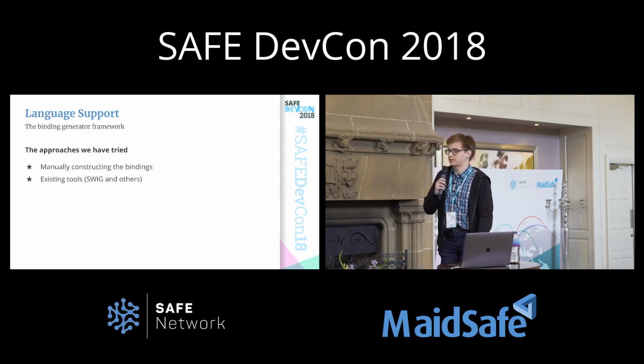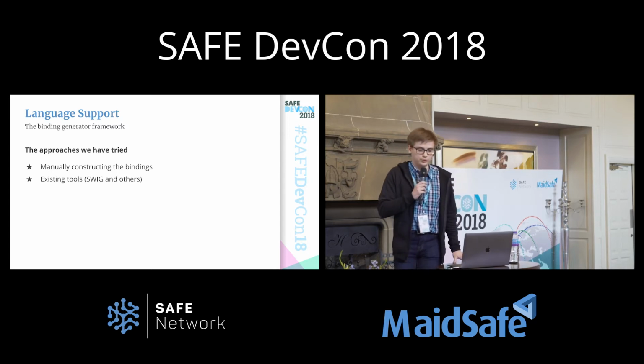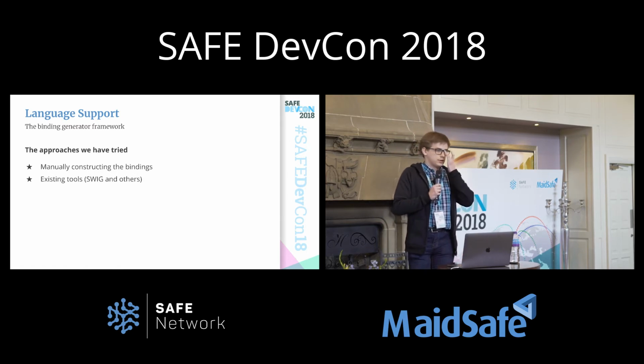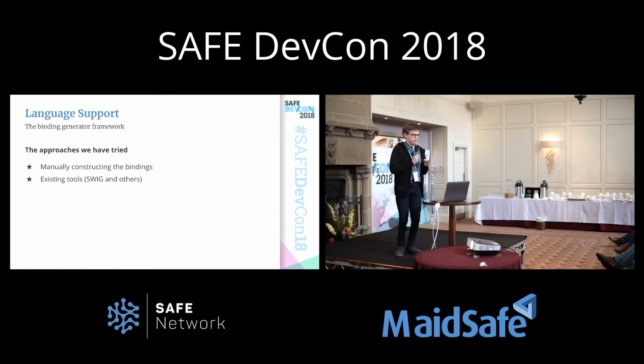And it took us a considerable amount of time to find a suitable solution, because we have tried to develop several proof of concept projects, starting from the approach to build the bindings manually, but it didn't work out so well, because we quickly found out that the approach to manually build the bindings is very tedious and error prone, because we have lots of functions in Safe Client Libs, like maybe a couple of hundred, and it is very possible that we add new functions to our API.